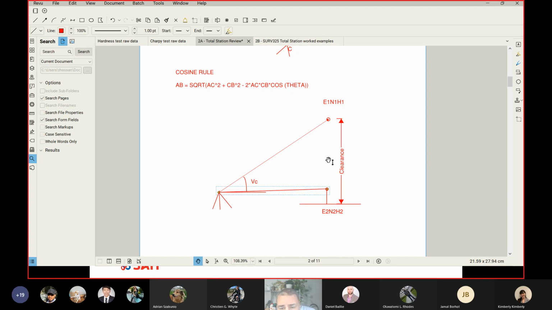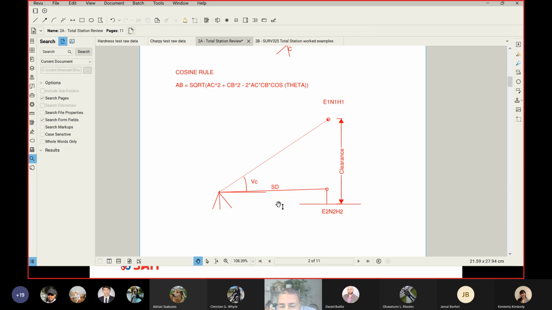However, since I have a prism here below the cable, then also what I can do is I can measure my SD. Remember, the distance is not available until you have a prism or within the reflectorless limit.